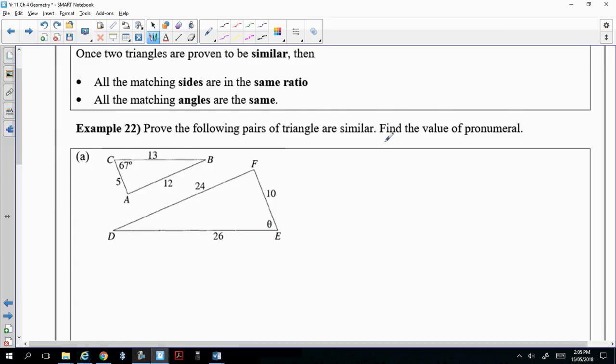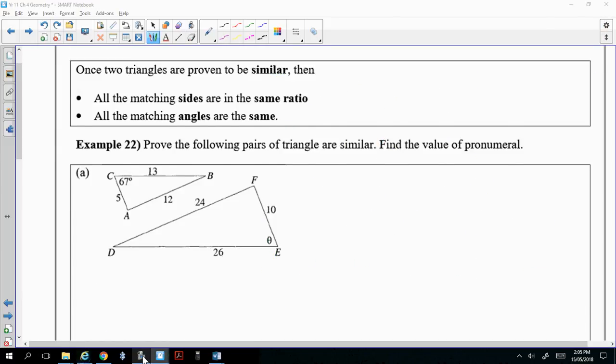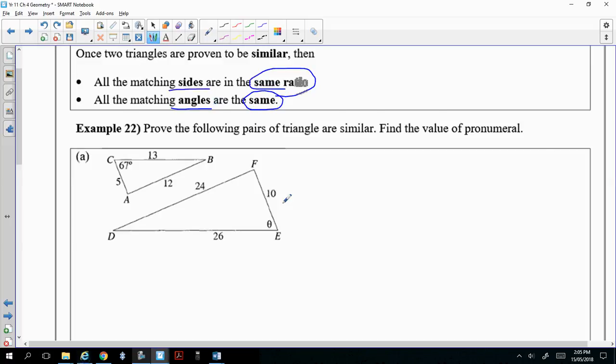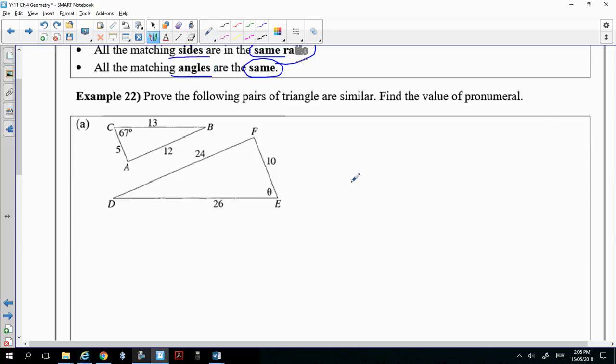Let's do some examples. So once two triangles are proven to be similar, all the matching sides are in the same ratio, all the matching angles are the same. Prove the following pair of triangles are similar and then find the value of the unknown. So your first step is, since all three sides are given, let's find the ratio of all three sides.